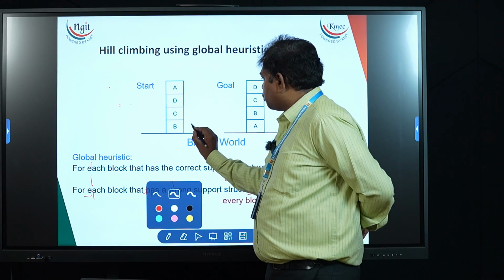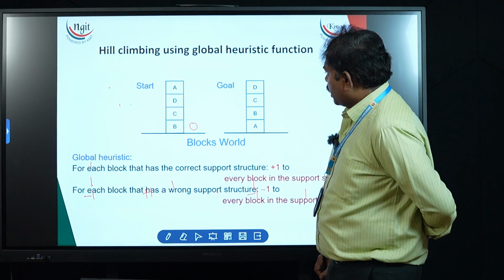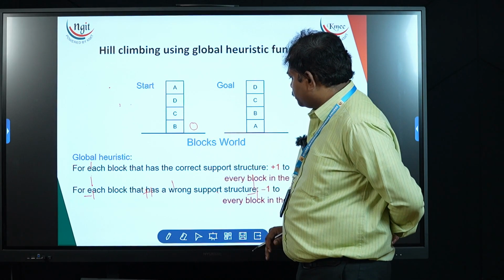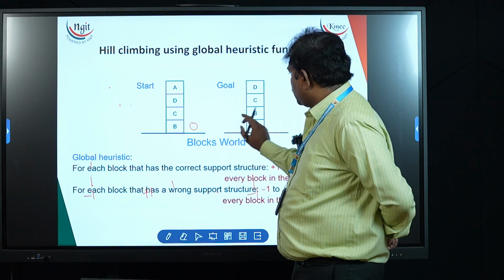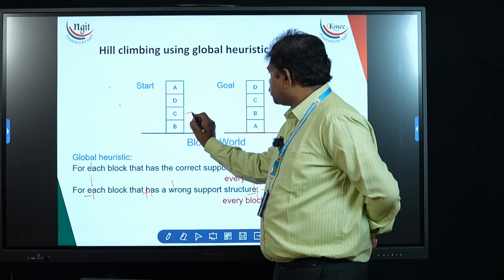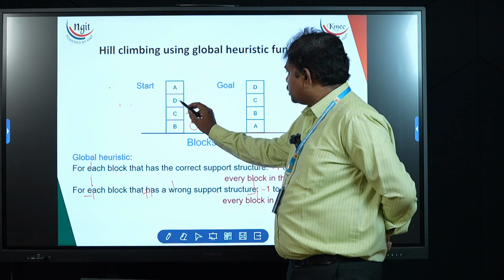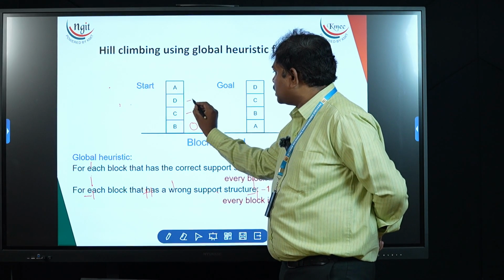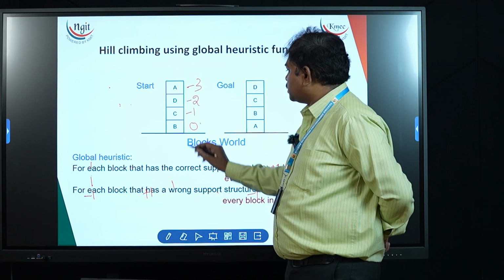For the bottom of the block we assign 0, and for the support structure, C is on B, but below B there is no A, so I assign minus 1. D is actually based on C, but below it there is no A in the support structure, so I assign minus 2. Here I assign minus 3.